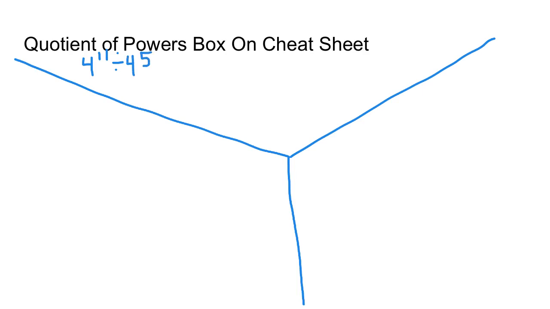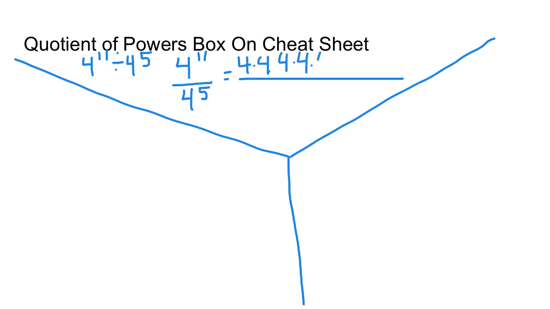Now I could write this as 4 to the 11th power on top and 4 to the 5th on the bottom, and make it look more like a fraction if I want. Regardless, it looks like I have 11 fours on top, and 5 fours on the bottom.